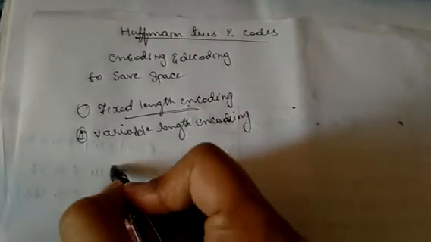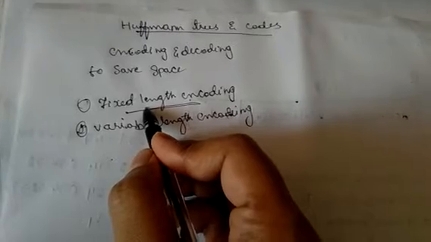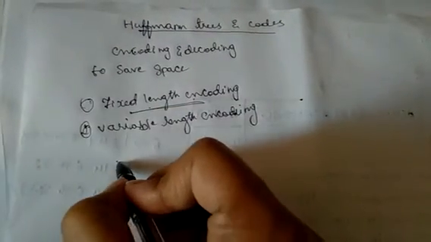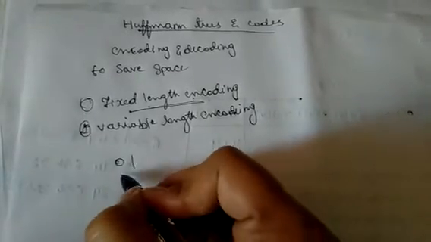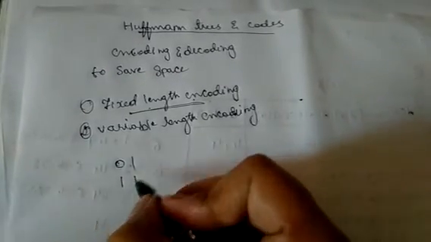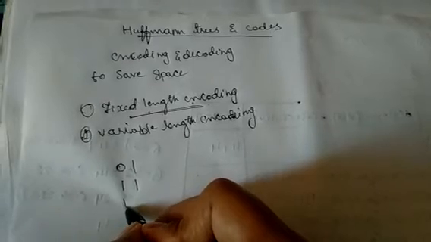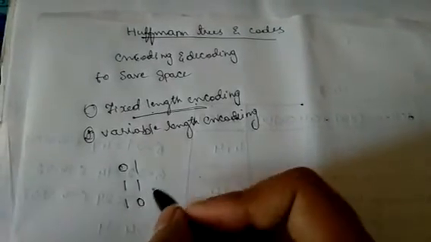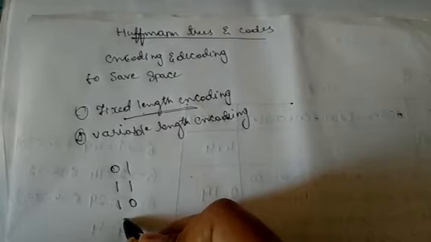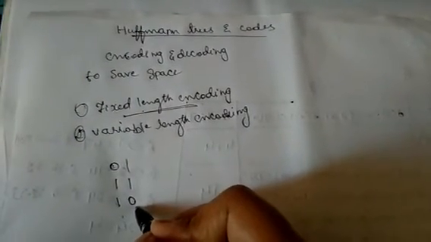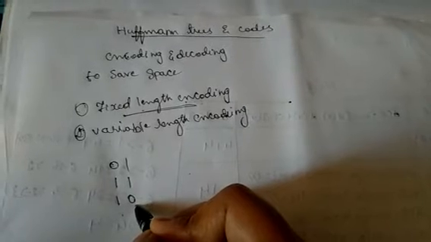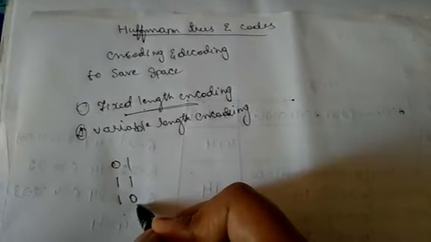For example, in fixed length encoding you are using binary numbers, such as 0 1, 1 1, then 1 0. All these are binary numbers, and you can use any binary numbers for this.